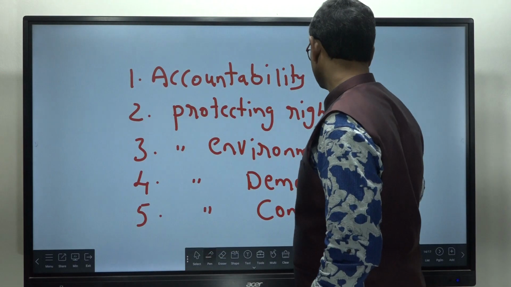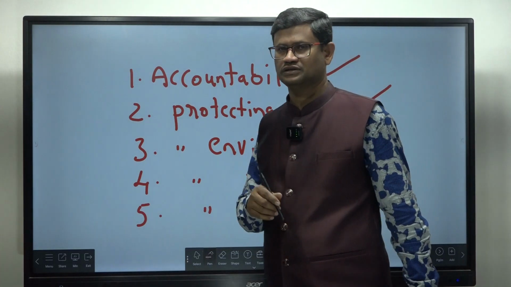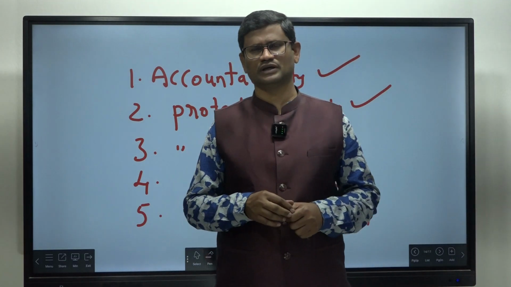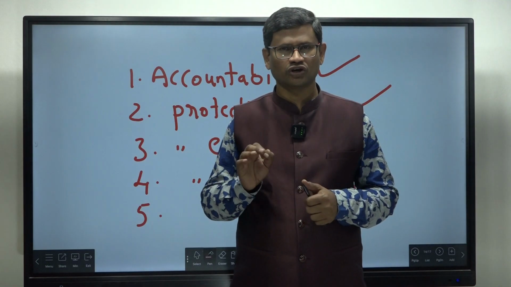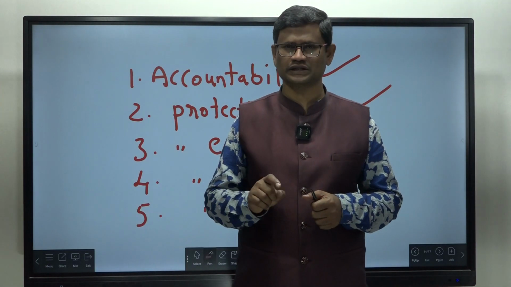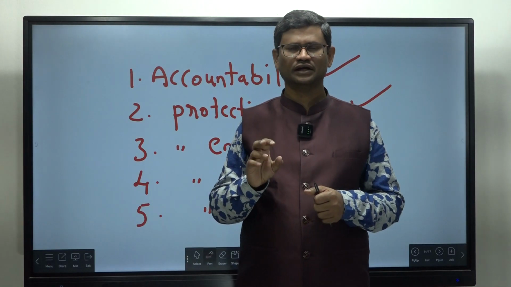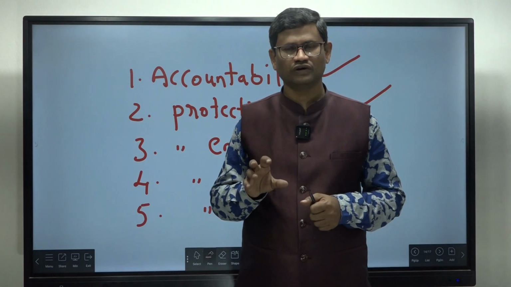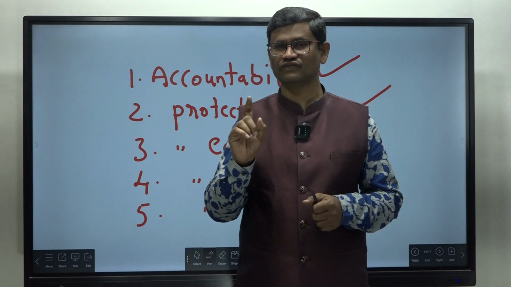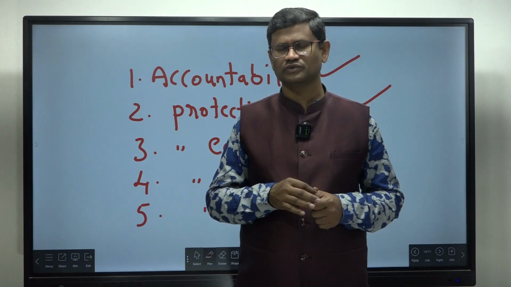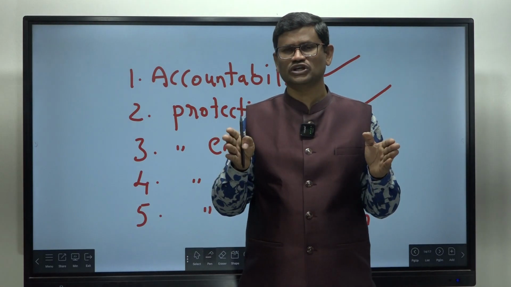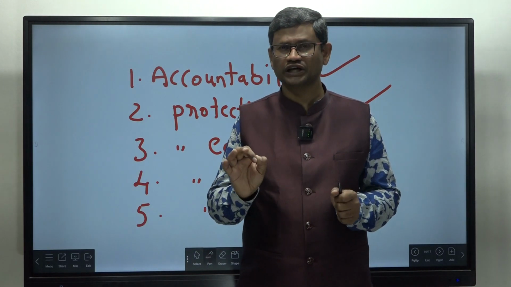Then the other one is protecting the fundamental rights. It's not only protecting the fundamental rights, expanding the fundamental rights. If you remember, in the Constitution of India, in Part 3, there is one fundamental right guaranteed by Article 21, fundamental right to life and personal liberty. The scope of this fundamental right to life and personal liberty was greatly expanded by the Indian Supreme Court through its creative interpretation.